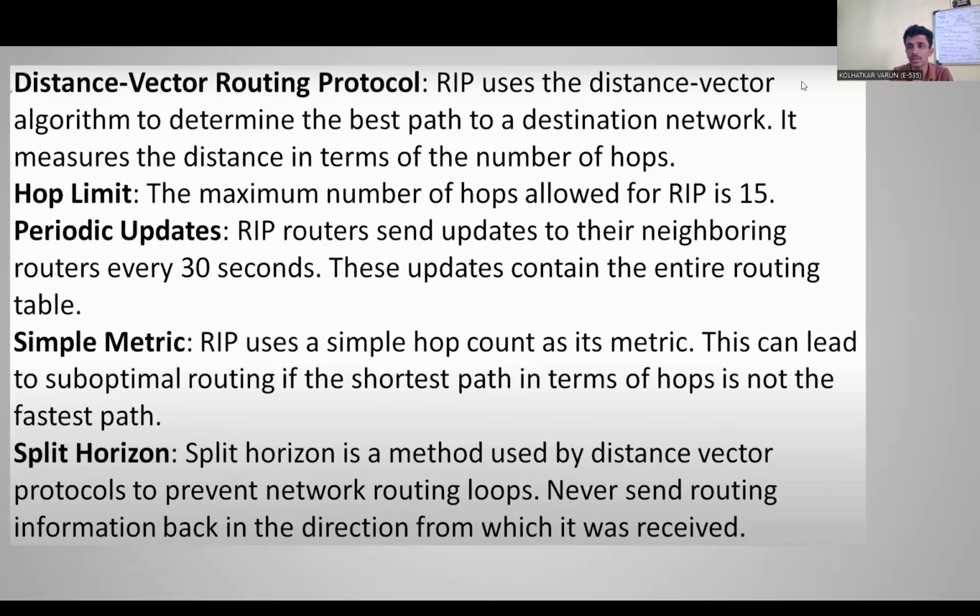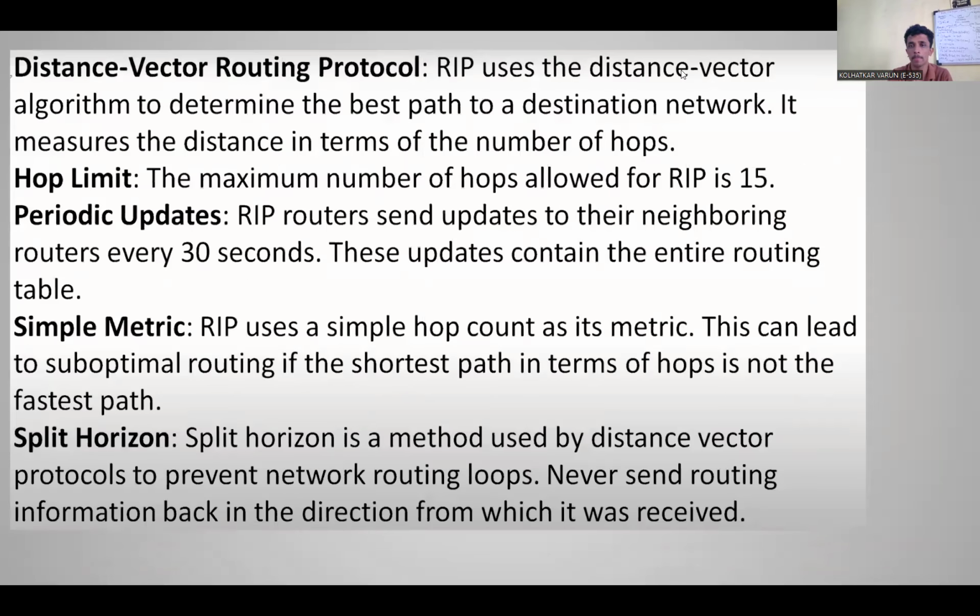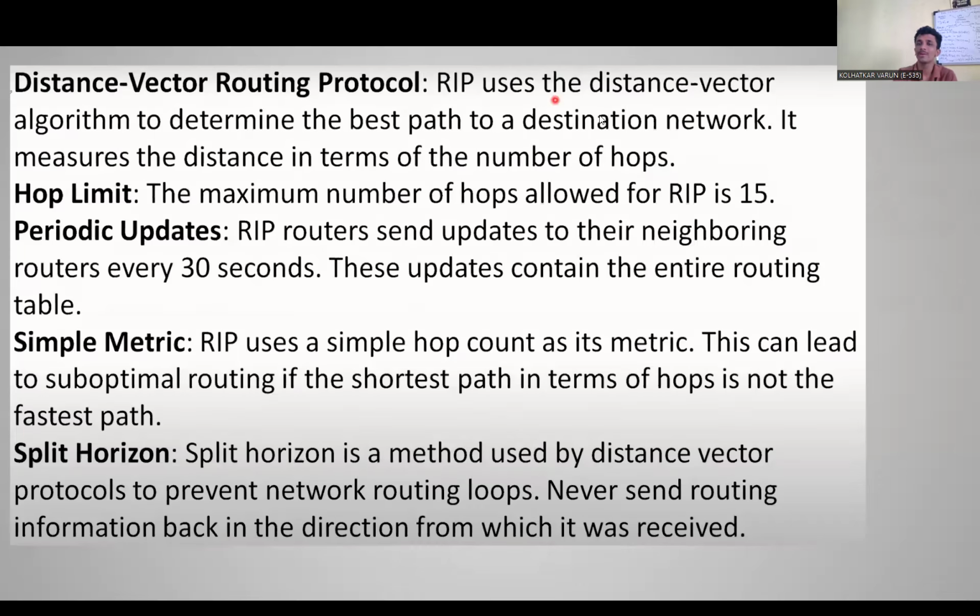For annotation, okay, our bar is activated and I will use the spotlight here. So RIP uses the distance vector algorithm. Here the distance vector is in terms of number of hops. So the maximum count of hops allowed is 15.